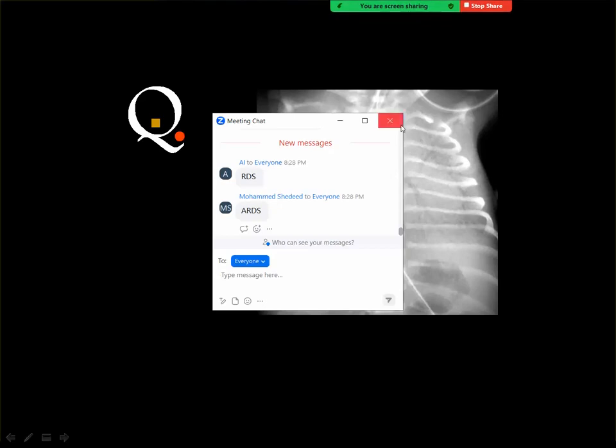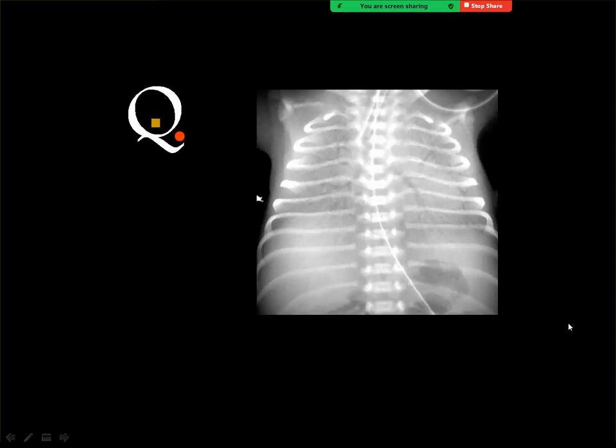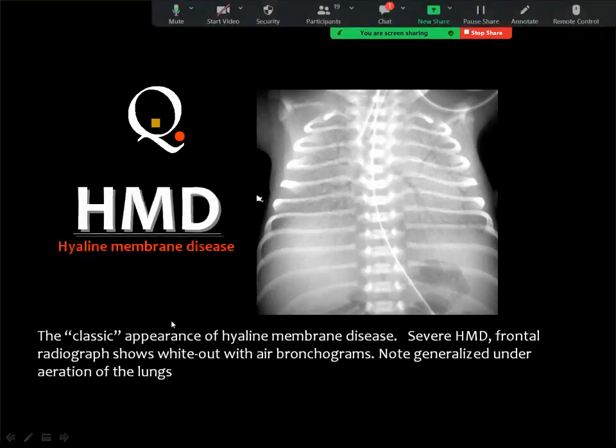Yes, respiratory distress syndrome, which is known in the neonatal period as hyaline membrane disease. This disease is commonly seen in premature infants, and the causing factor is the deficiency of surfactant, which enables the alveoli to expand and deflate.